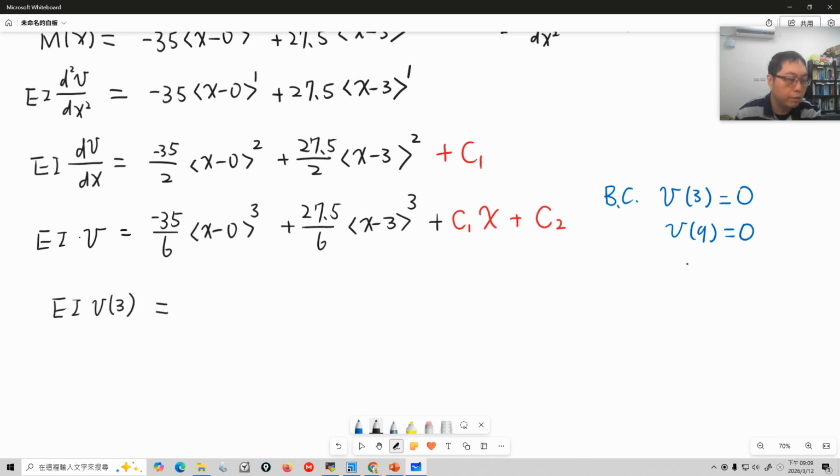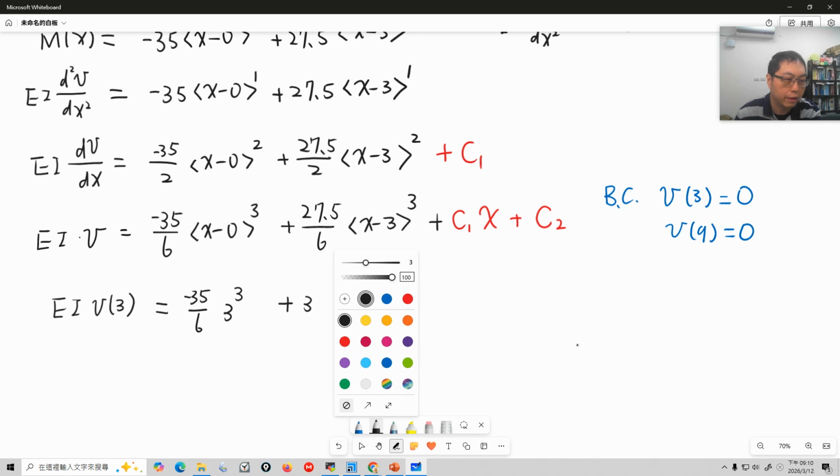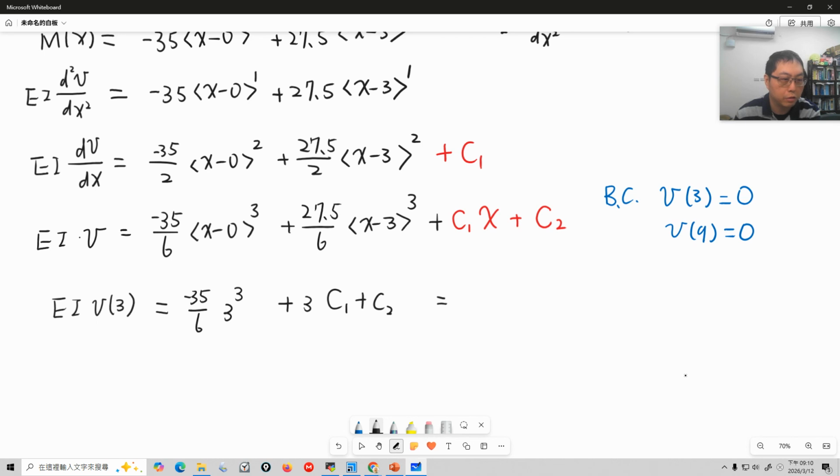So 3 minus 0 is 3, to the power 3. Plus, I put x equal to 3 here. 3 minus 3 is 0, so it's really 0, so we can just ignore this term. And I will have 3C1 plus C2.